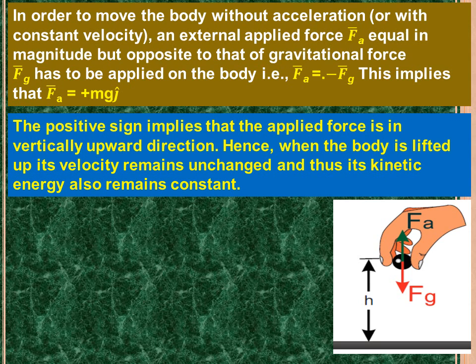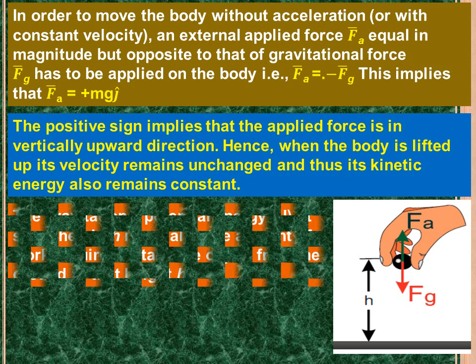This Fa is equal in magnitude but opposite to the gravitational force applied to the body. That means Fa is equal to minus Fg. This implies that Fa is equal to plus mg j cap. The positive sign here implies that the applied force is in the vertical upward direction.